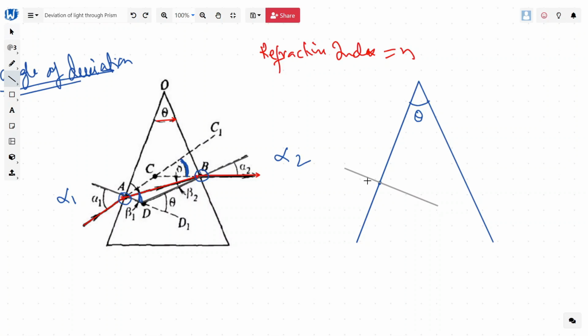Okay, so this angle here is going to be 90 degrees, and then the ray of light is going to hit somewhere around here, so we'll draw another normal here, again perpendicular to it, this time like this.